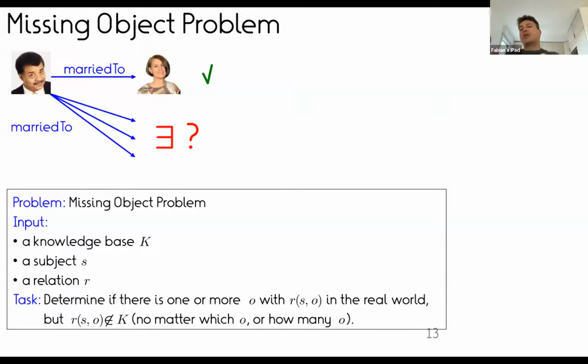And that's a rule that you can learn in the very same way as you can learn that you are the sister of somebody or you are married to somebody. It's the very same principle. And then you can use these rules to predict completeness. For example, you will figure out that Neil, the scientist, has one spouse in the knowledge base and he is a popular entity. Therefore, he must be complete on his spouses.